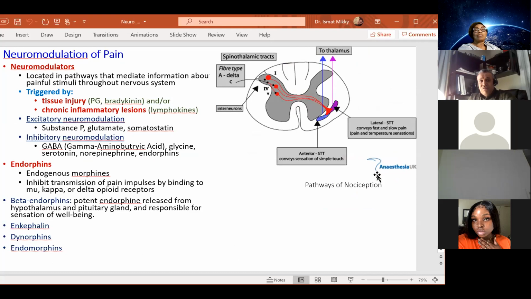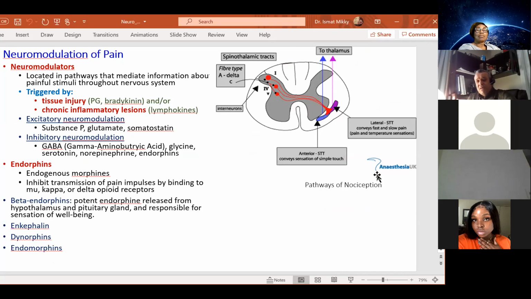The neuromodulation of pain: there's something called endorphins, right? We have natural endorphins, which are naturally produced to block the gate control, or block the gate, so it will result in pain relief.